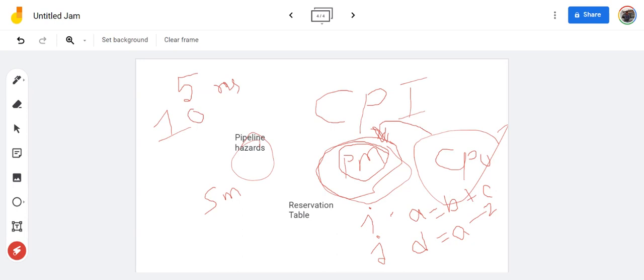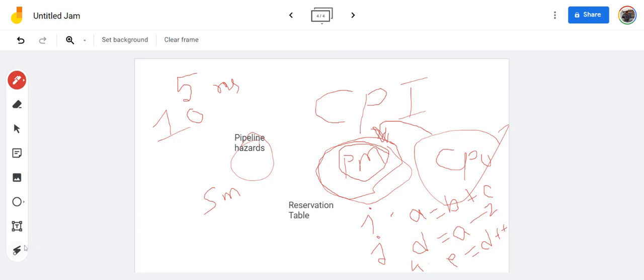And secondly, true data dependency can occur when instruction K is data dependent on instruction J, as it happened here. Instruction J is data dependent on instruction I, and instruction K is data dependent on instruction J. That means you have now a third instruction, say I, J, K, where you need to compute E equals D plus something.